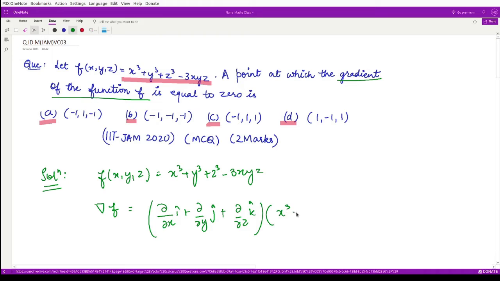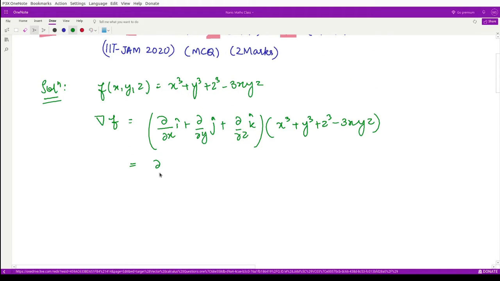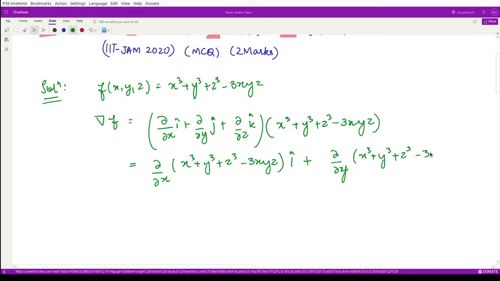That means we will calculate the partial derivative with respect to x of this function, and then it would be i cap, then the partial derivative with respect to y of the same function into j cap, and then we'll write the partial derivative with respect to z of the function multiplied by k cap.